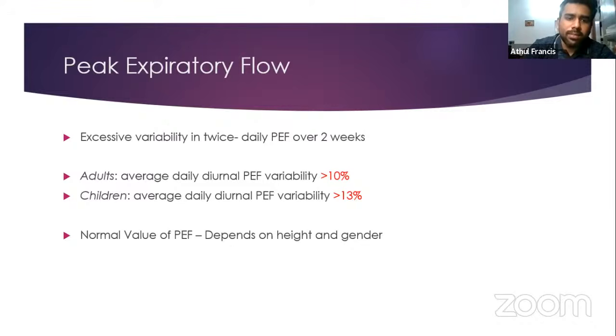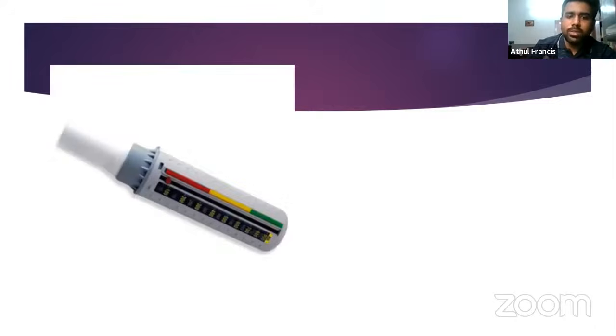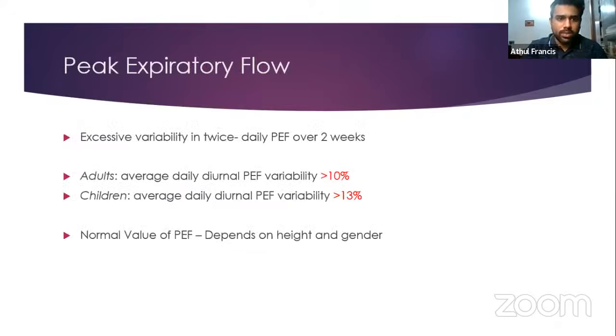If in an adult there is a variation of more than 10%, and in children a variation of more than 13%, that helps in the diagnosis of asthma. A single reading that goes into red, although it is highly predictive of asthma, as per guidelines, you can't define as a case of asthma. So you have to always look for the variability in peak expiratory flow measured twice daily over 2 weeks.